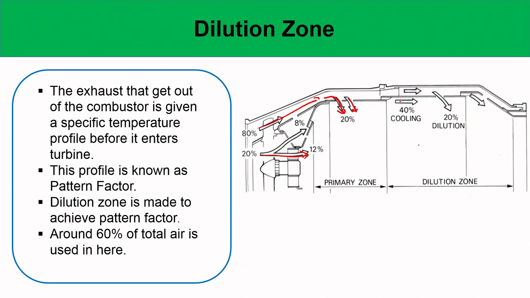Of course this does not have an intermediate zone. So, you see a bulk of the air is actually used for dilution, that is reducing the temperature of the combustion products to acceptable levels for the turbine entry temperature.